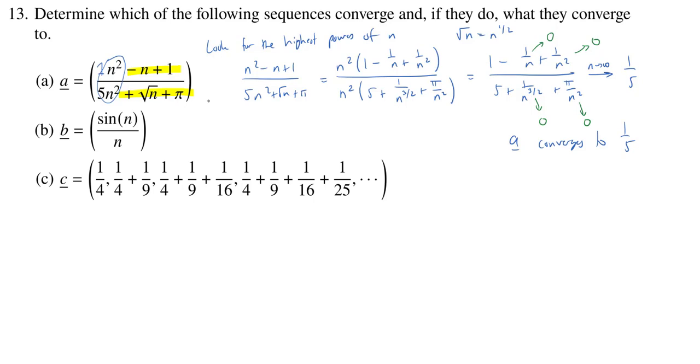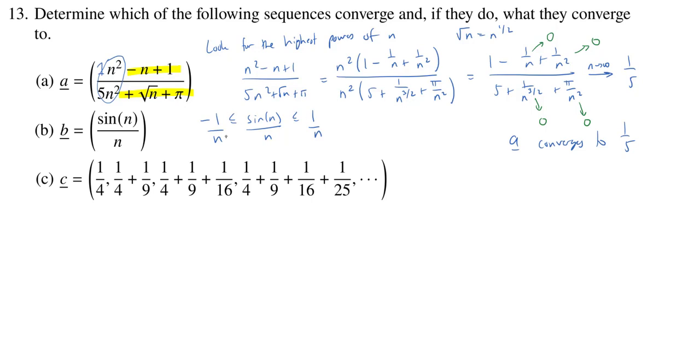So here's how we can resolve this. We know that -1 is less than or equal to sine of n, which is less than or equal to 1. And if I divide by n everywhere, then I get my sine of n over n in the middle, bounded between -1 over n and 1 over n.